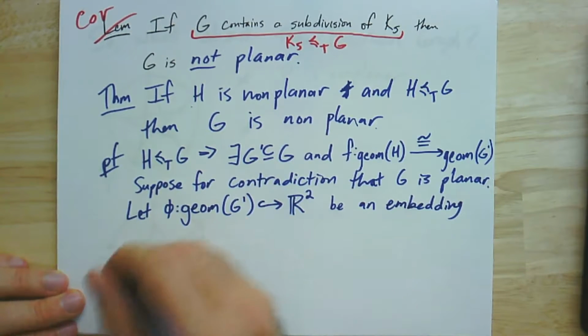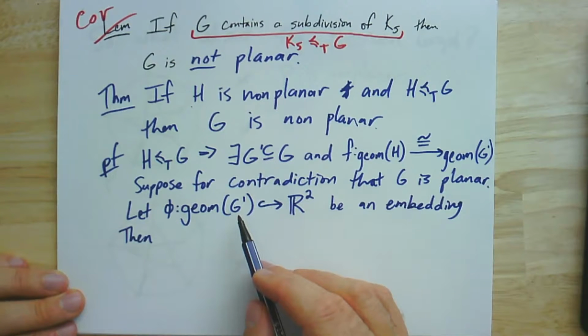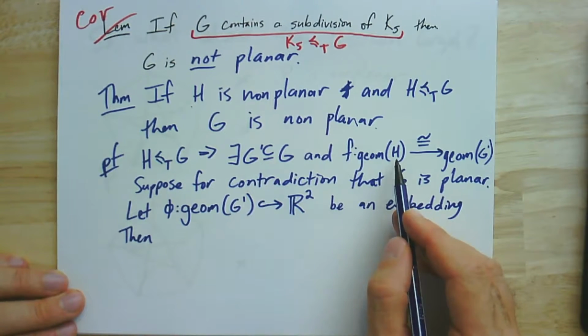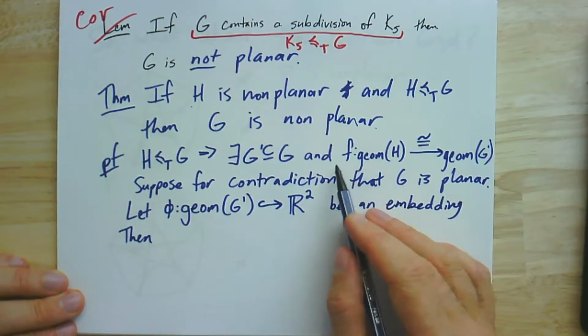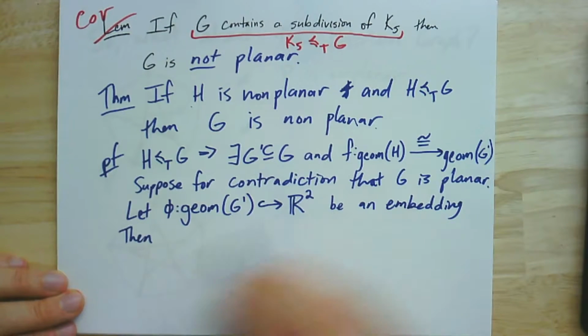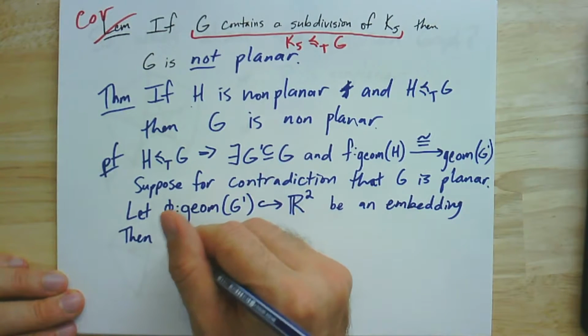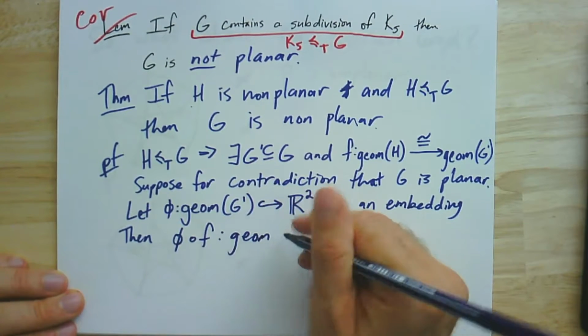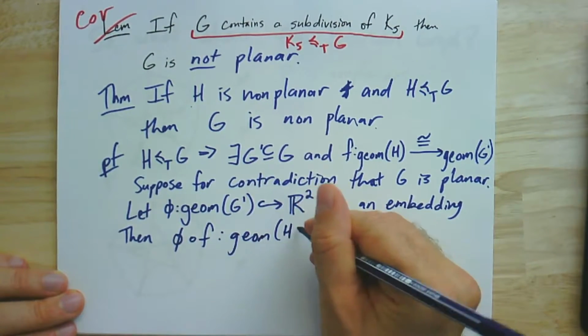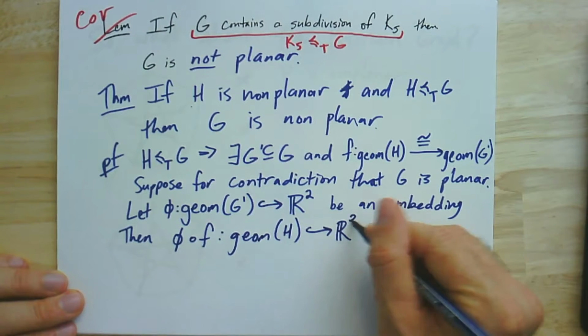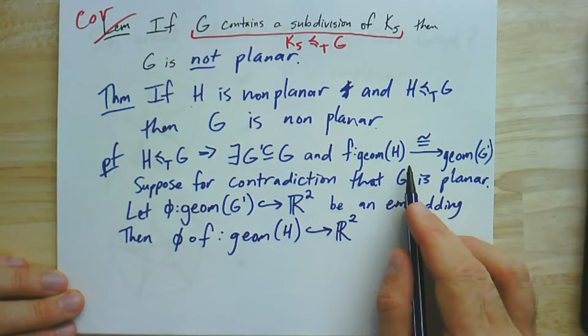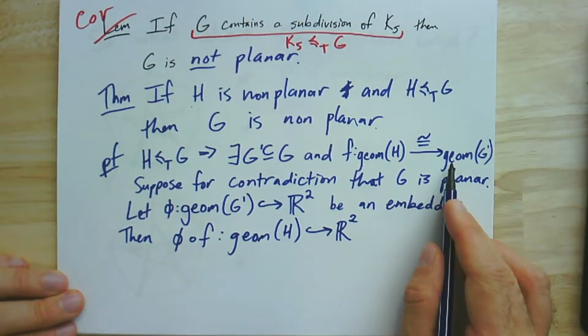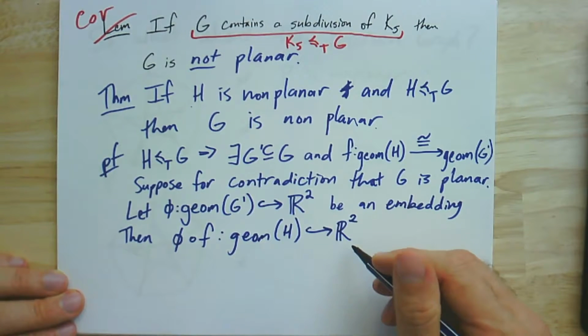And now we're almost there, because we now can take that embedding and use it to embed H just by combining it with the homeomorphism F, because phi composed with F is a continuous map from the geometric realization of H into the plane. That's just composition. And homeomorphisms are injective, so the composition is injective.